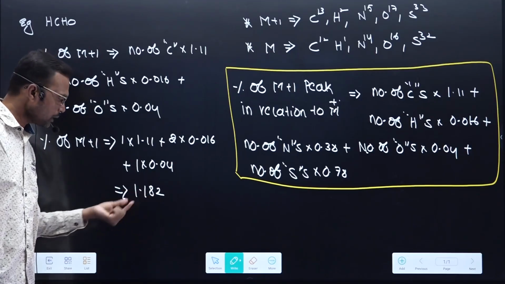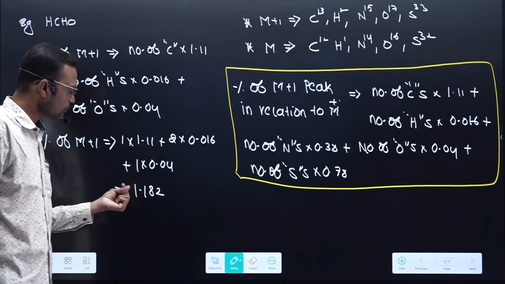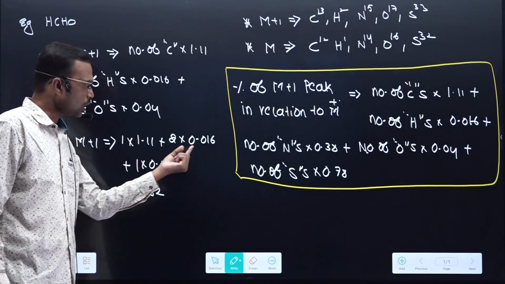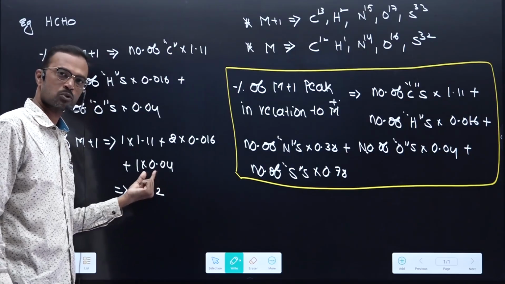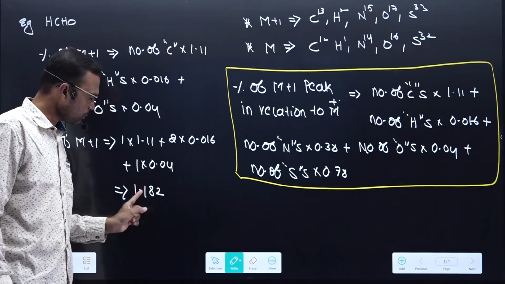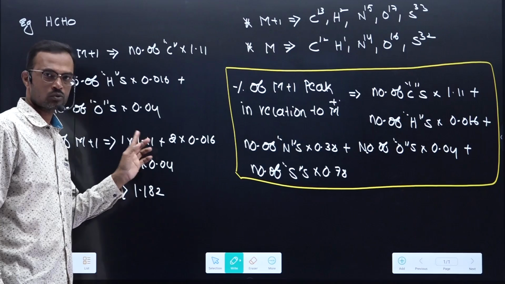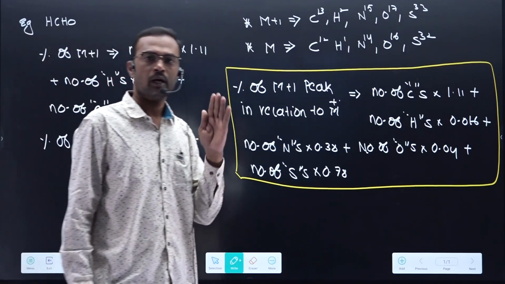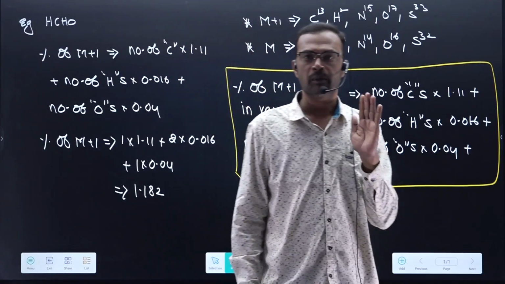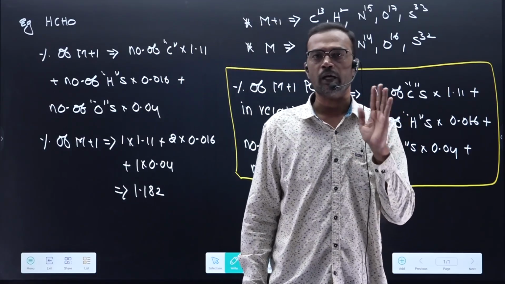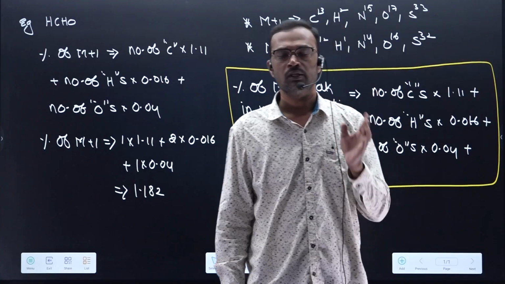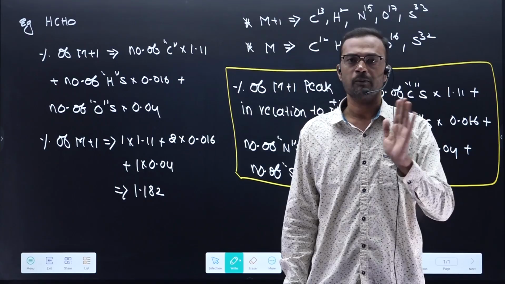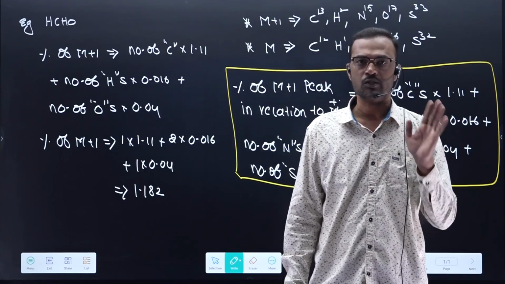But in this 1.182, generally the maximum contribution belongs to carbon only. So the contribution of hydrogens and oxygens is almost negligible. See 1.182 here, already 1.11. Which indicates that whenever any molecule carries only carbon, hydrogen, oxygen, remember, generally we can ignore hydrogen and oxygen abundance within the sample and we can use only number of carbons multiplied by heavier isotope abundance, that is 1.11.